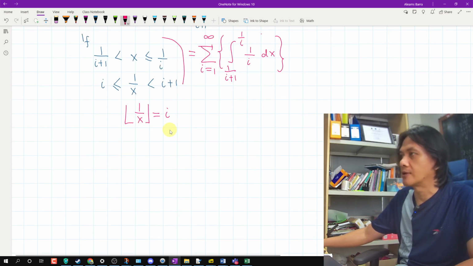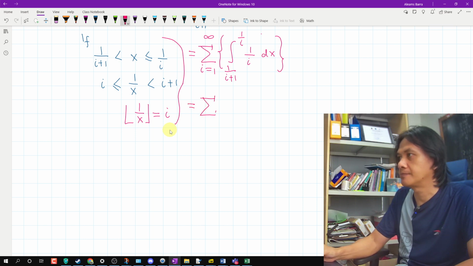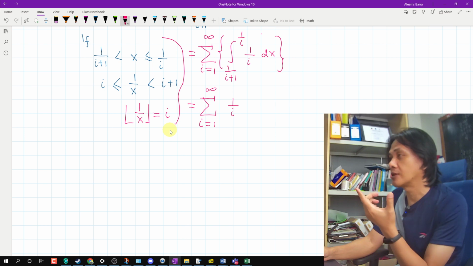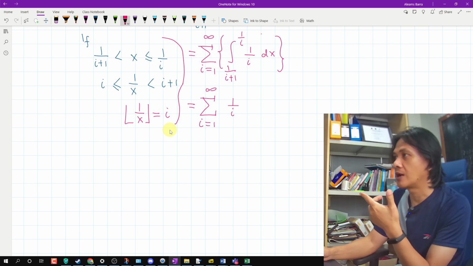Okay, so now this is the sum from 1 to infinity of, so this is just a constant, the integral will be 1 over i times x, and when we substitute, 1 over i minus 1 over i plus 1.